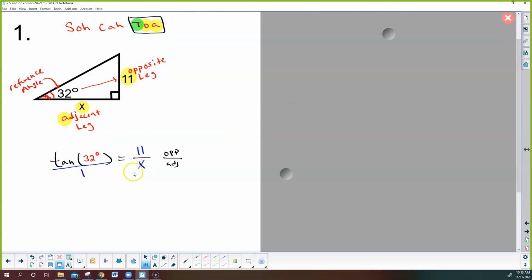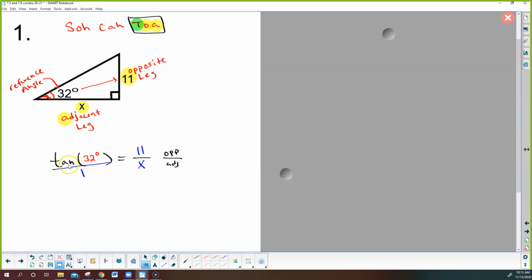So let's just pause and take in what we just did. I identified my reference angle, and then I labeled the two sides that I know or want to find, and that was the opposite and the adjacent. Then I used SOH CAH TOA to find which ratio had the opposite and the adjacent in it, and it was tangent.